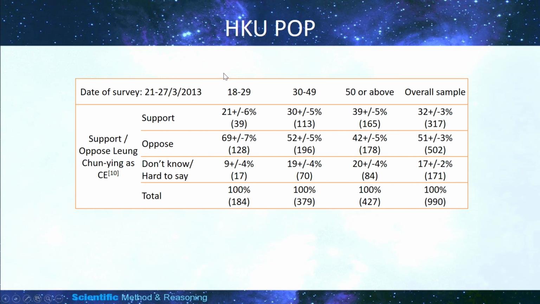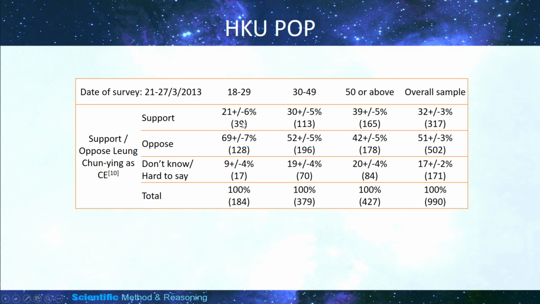And remember, we showed this diagram before, and those numbers in brackets: they have a random sample of 990 subjects altogether, of which 317 support CY to be the chief executive, 502 oppose CY, and 171 gave a response of don't know or hard to say, so that the three numbers add up to 990.